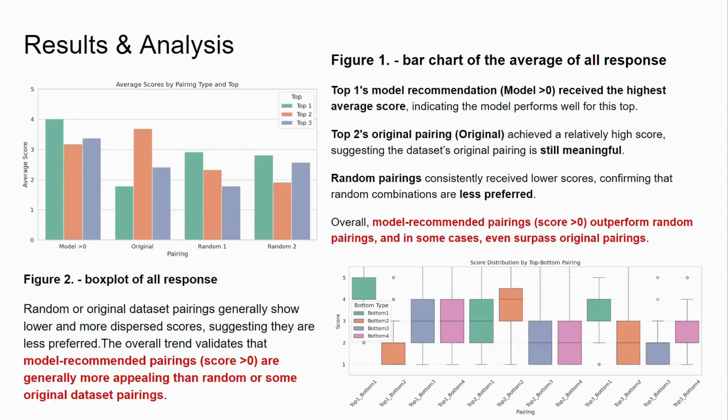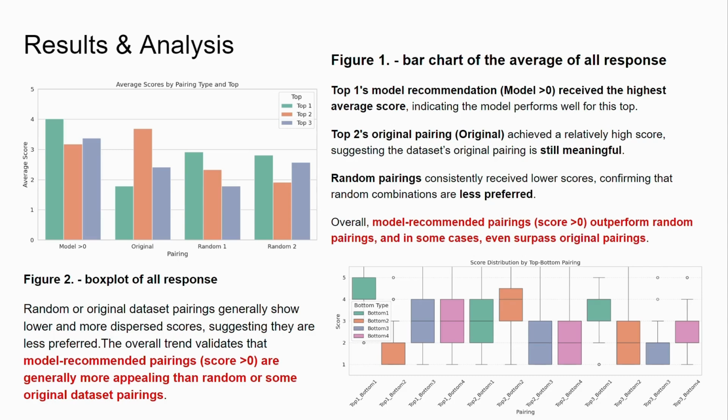Finally, we've prepared 2 charts to make the results clear. First, this bar chart shows the average rating for each type of pairing. As you can see, the model's recommendations, the green bars, had the highest scores, followed by the original pairings, the orange ones, and the random combinations scored the lowest. Then here's the box plot. This shows the distribution of scores for all the responses.